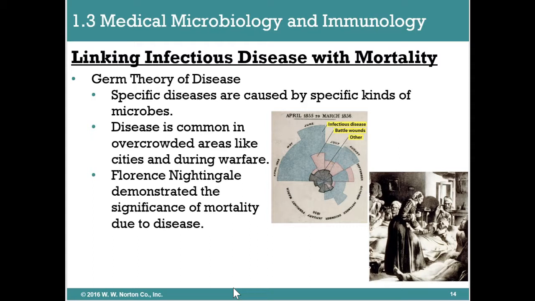So if you get exposed to the flu virus, it isn't going to cause meningitis. It's only going to cause flu. Like I said, Florence Nightingale showed the significance of mortality due to disease. If you had a very bad infection or some kind of ailment, a lot of times your mortality rate was very high. So unfortunately, you were going to die, at least in this time period.